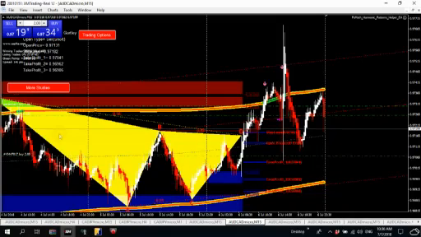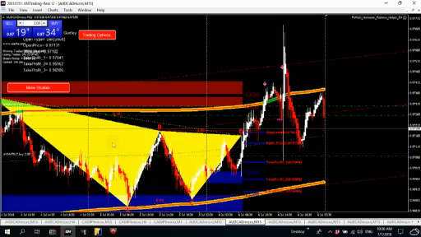Sometimes you will get the wrong tool and somebody will tell you that is harmonics and you go get it. You don't know that is not even harmonics. It's just designed like a harmonics pattern. Now let's talk about this harmonics pattern. This one is called a cipher. I know a lot of people know about harmonics and you know the names of harmonics.